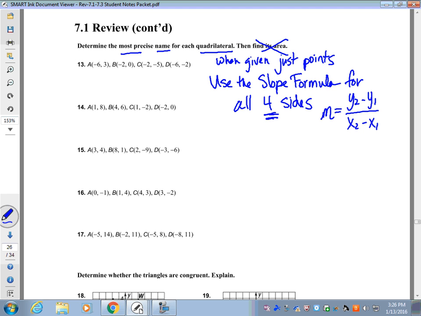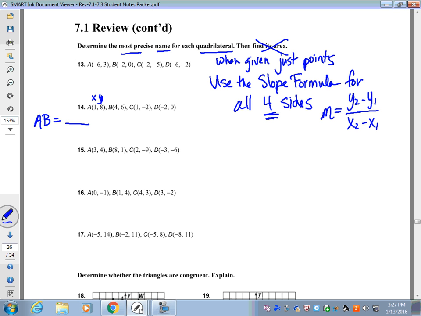All right, so we're going to do 14. When you do it, you're going to do 2 points at a time. So I'm going to start off with AB. Remember, your ordered pair is X and Y, right? So Y2 minus Y1. What values represent the Y for A and B? 8 and 6.